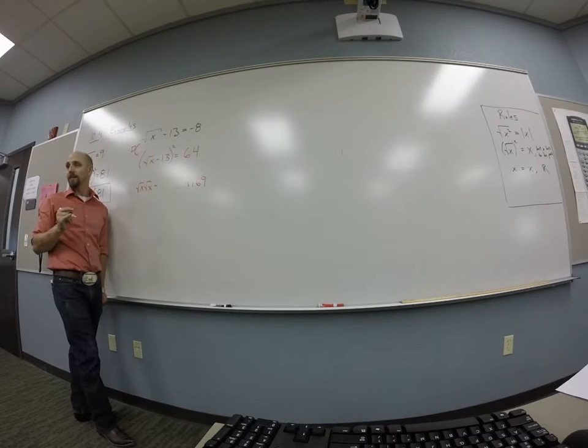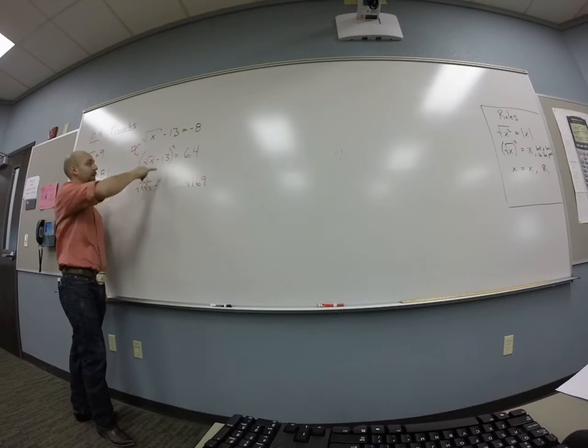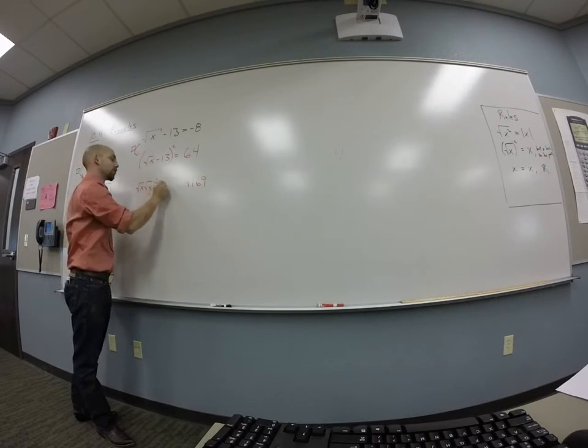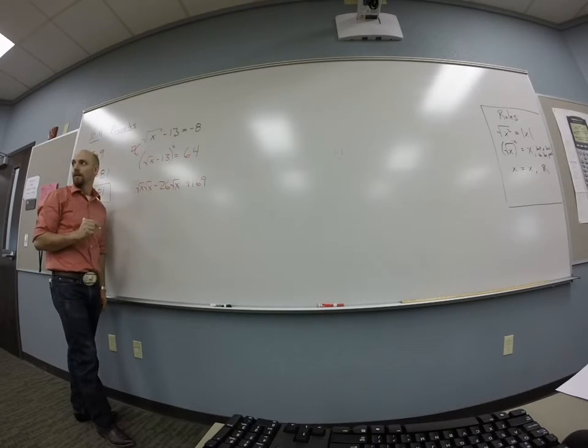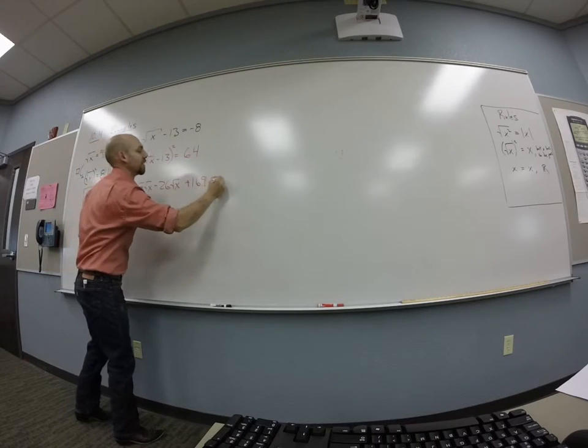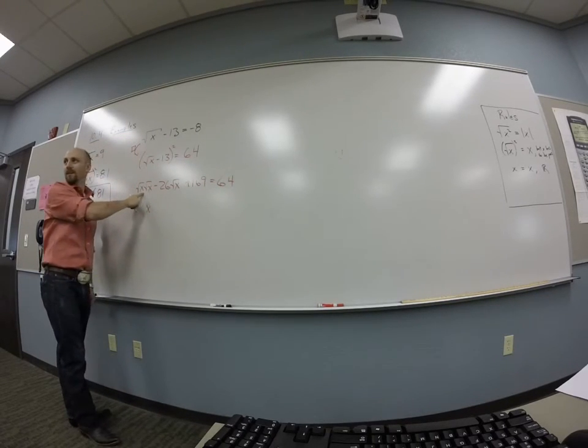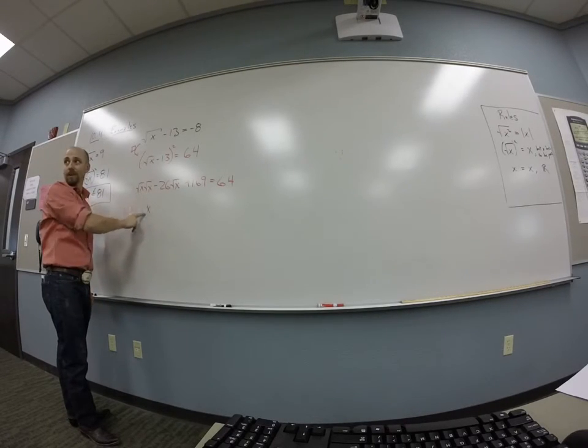The outsides and the insides are the same, and they're this times this, right? So I get negative 13 root x, and then another one, so I get minus 26 root x. So I get, right, this is 64, so I get x, well, as long as x is positive, I get x.